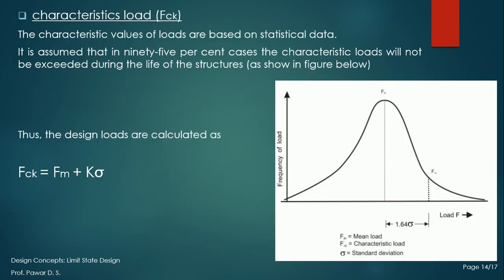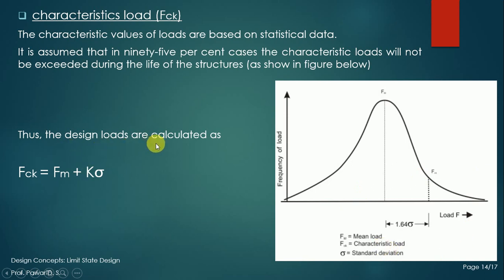Next, we have to know certain terms in this limit state method, that is, characteristic load. What is meant by characteristic load? The characteristic value of the load is based upon the statistical data. It is assumed that in 95% of cases, the characteristic load will not be exceeded during the life of the structure, as shown in the figure here. This is the characteristic load.